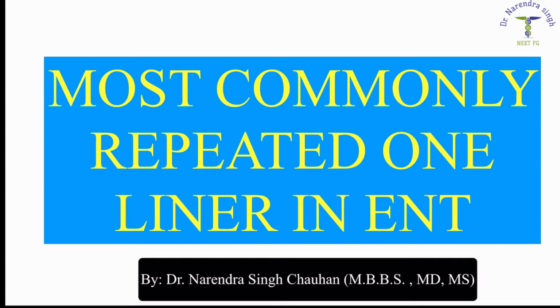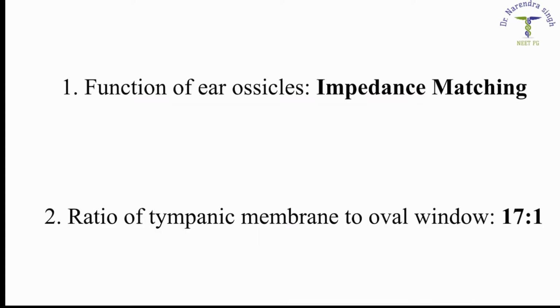So, starting with question number 1, which says the function of ear ossicles. One of the most important functions of ear ossicles is impedance matching. So, what actually is impedance matching? As we know, the inner ear contains fluid, whereas the external ear and the middle ear have air.